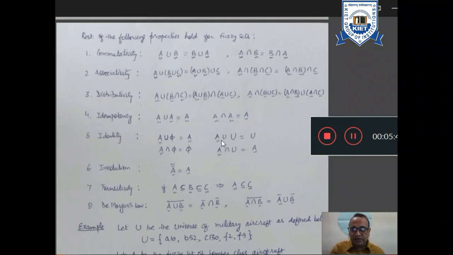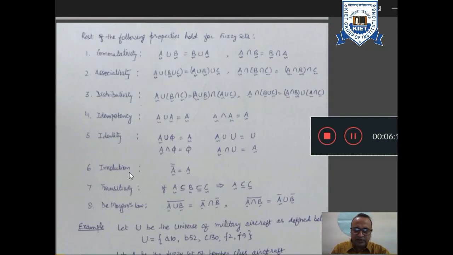If we make the union of any fuzzy set with the universe of discourse, we will find the complete universe of discourse, right? If we make the intersection of one fuzzy set with a null set, we will find the null set. If we make the intersection of a fuzzy set with the universe of discourse, then we will find the same fuzzy set.